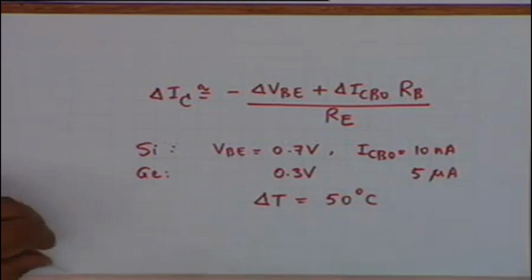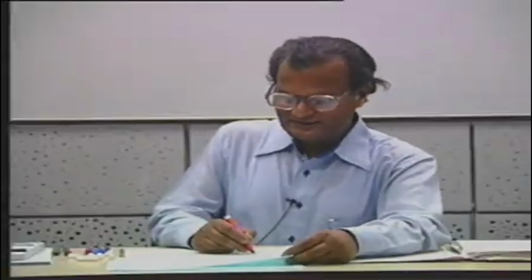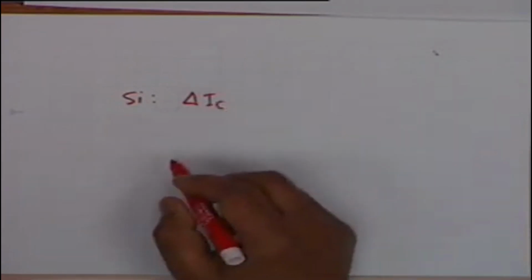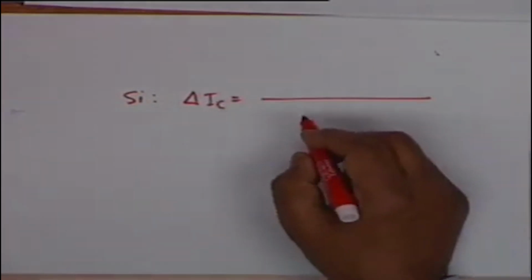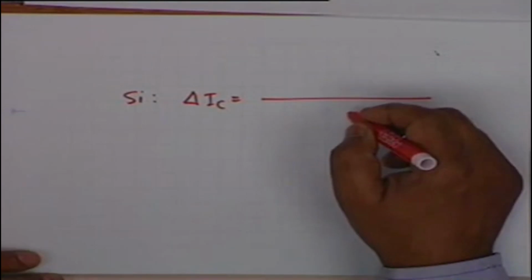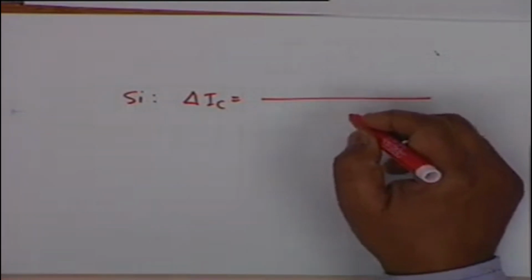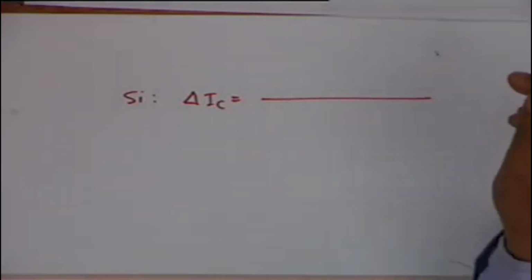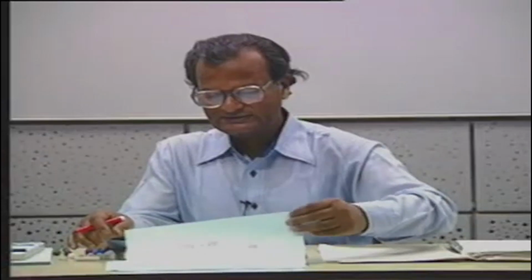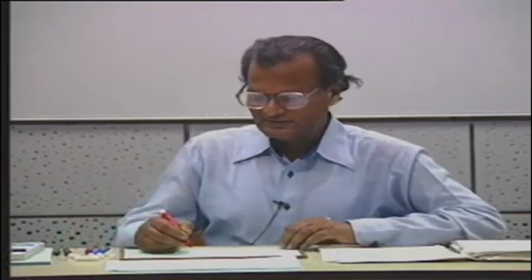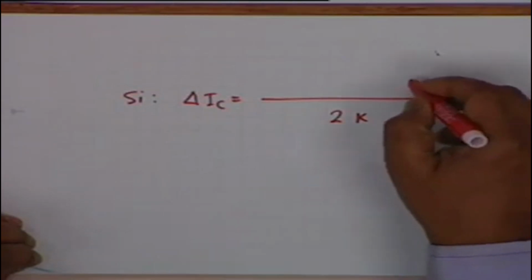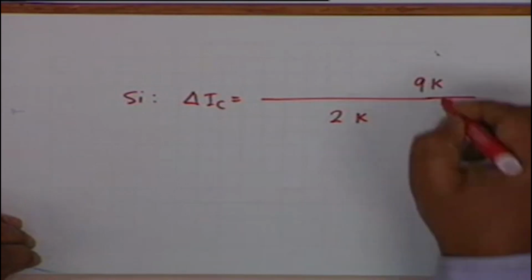Yes. Okay. So if I take silicon, delta I sub C shall be equal to, let us take some specific values of RE, or let us take the same design that we had just, let us take 2 kilo, 2K, and what did we take RB? 9K, alright.